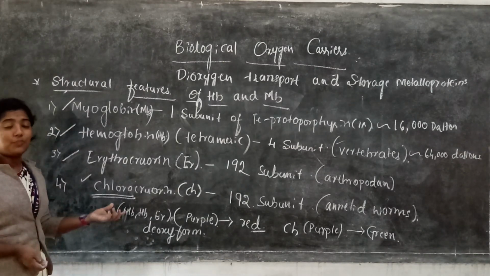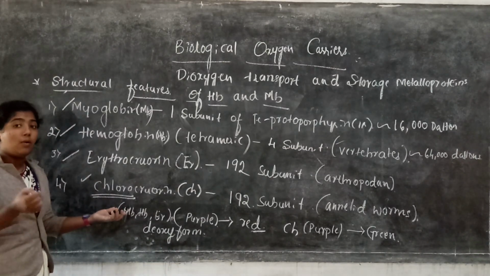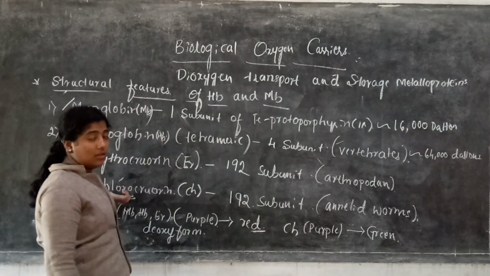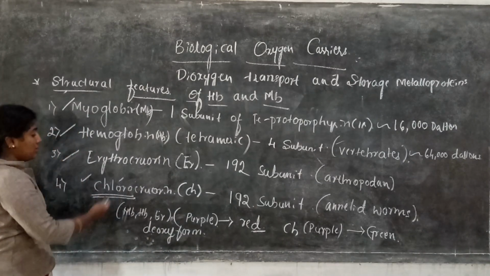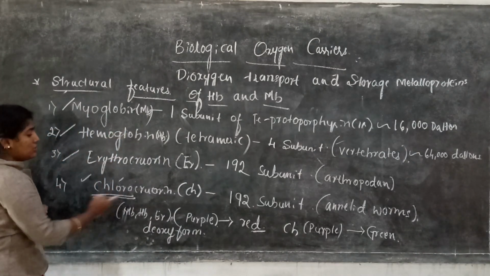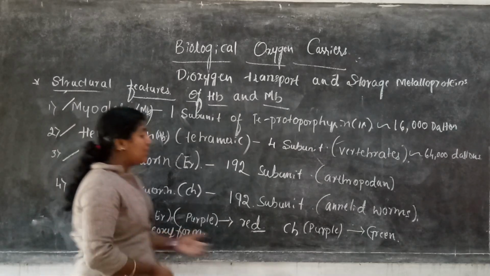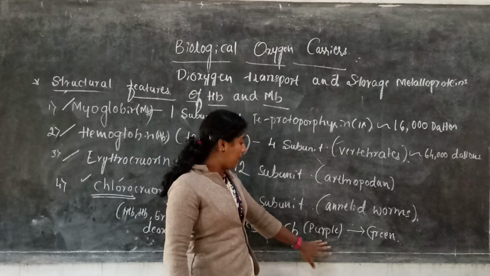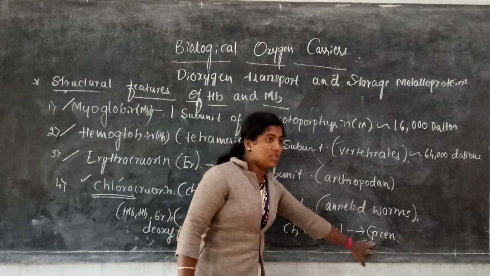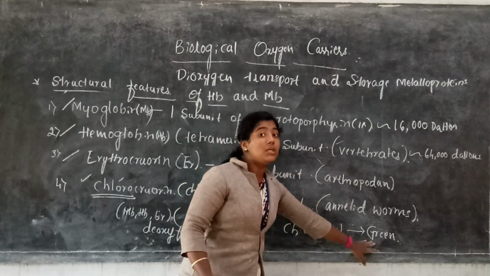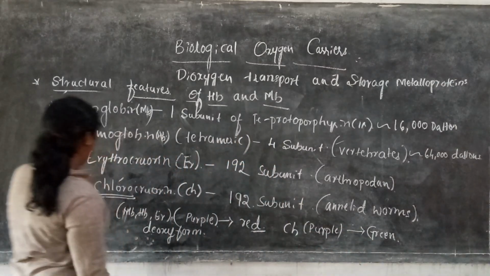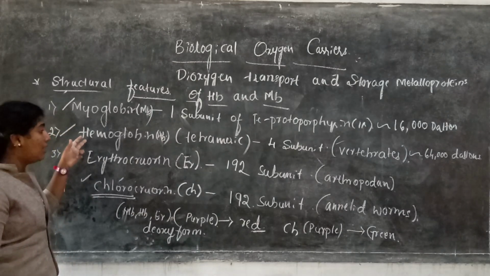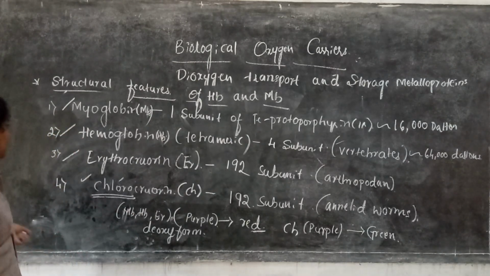In a previous video we discussed why chloro absorbs green color. So here also, chlorocruorin absorbs which color? Green color. Before oxygenation it absorbs purple color, and after oxygenation it converts to green color. Then we discuss the hemoglobin and myoglobin unit in invertebrates.